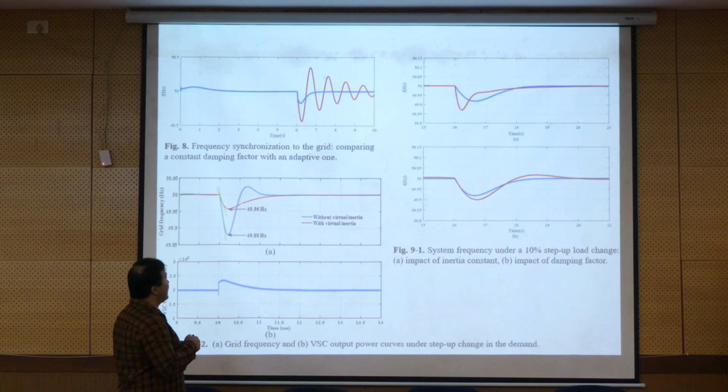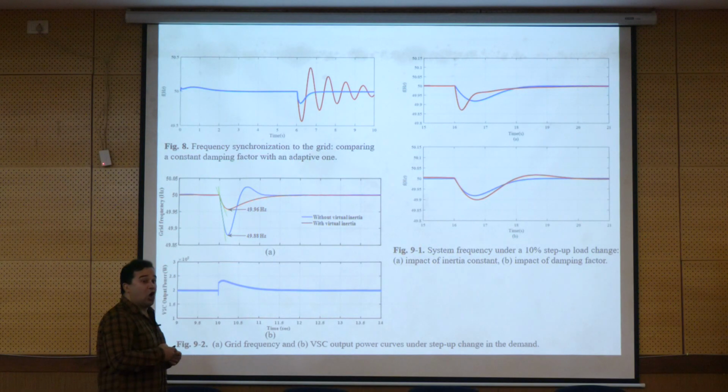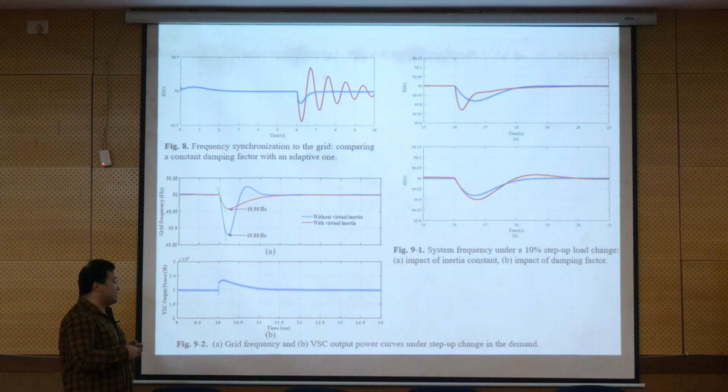If we have enough inertia, when we have changes in the system, the drop in the frequency is not high. And this is also the reaction of the system. We see that when the voltage drop happens, we increase the value of the power and compensate it and reach the steady state operating condition faster.